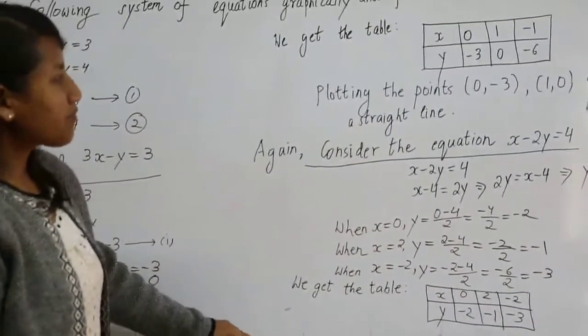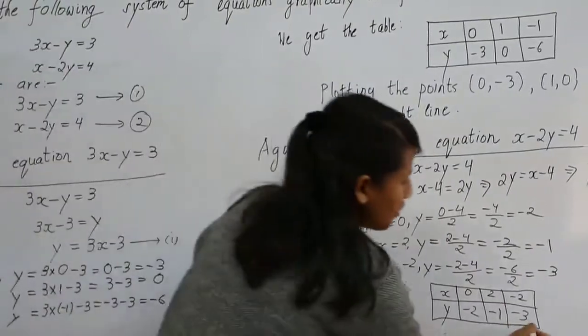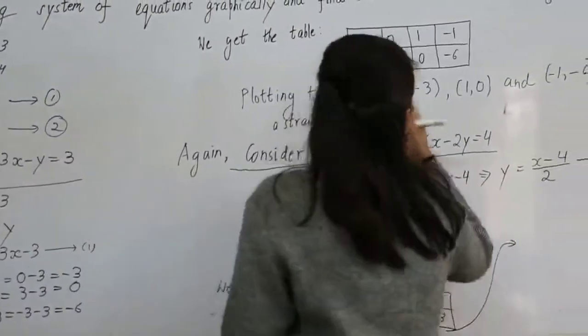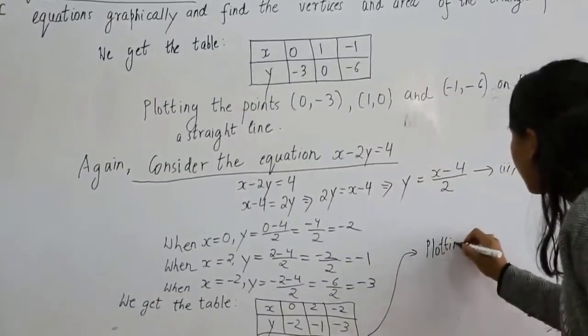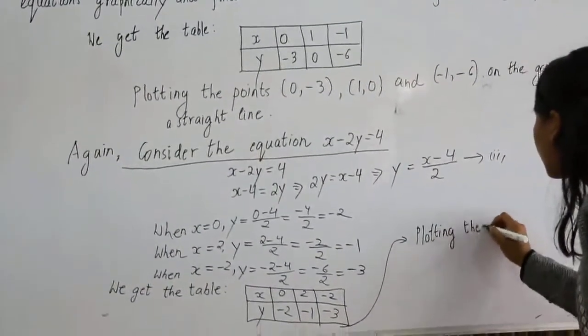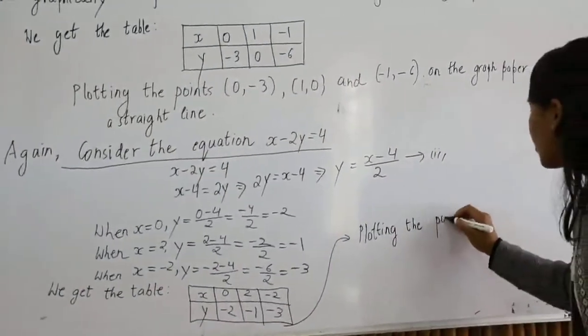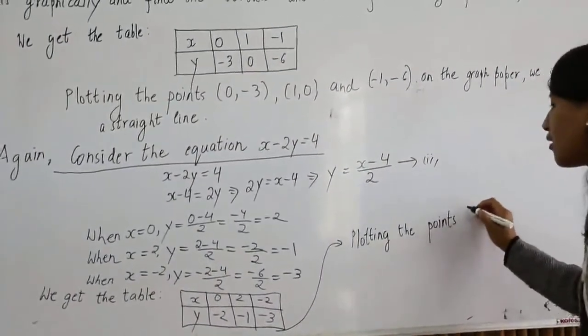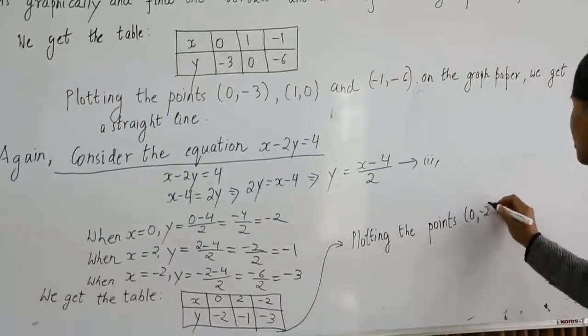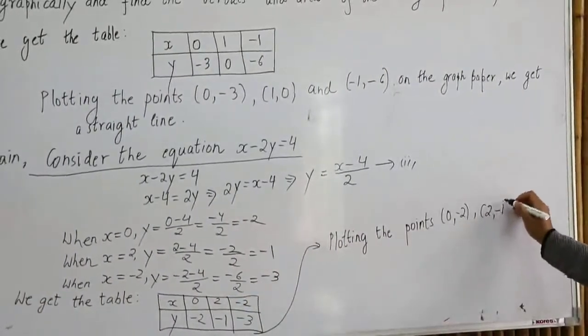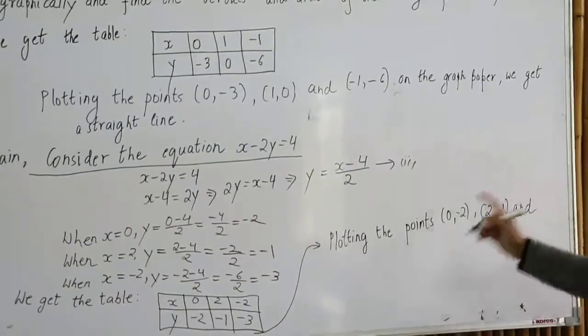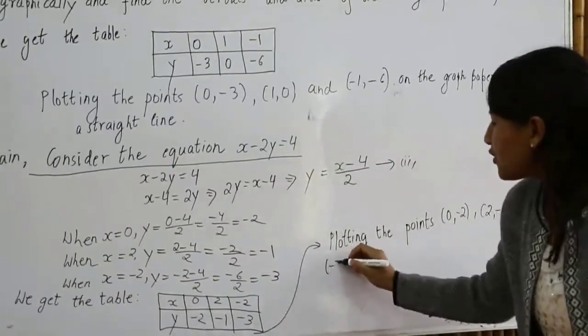Then you write this part. Continue here, plotting the points: (0, -2), (2, -1), and (-2, -3).